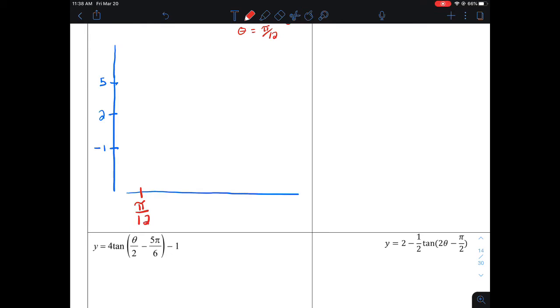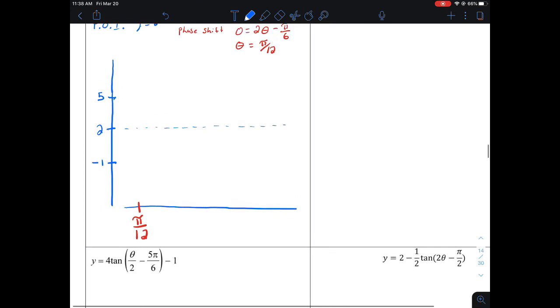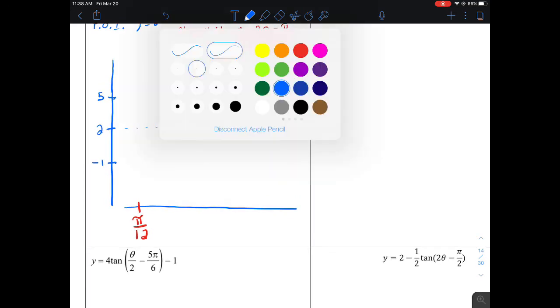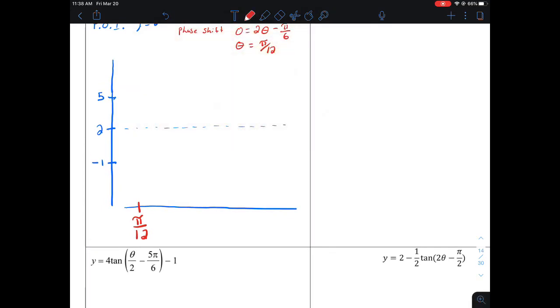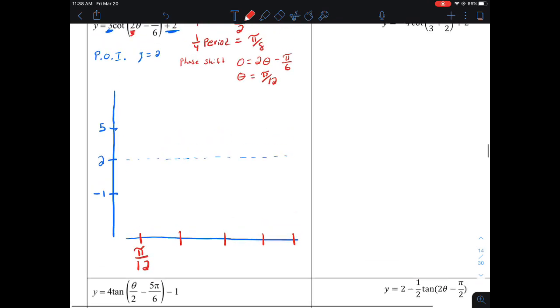Now, if you want, where those points of inflections are going to go, we can make a dotted line there to kind of help us out. Now, we want to get a full period, so let's make our 5 marks on our x-axis.